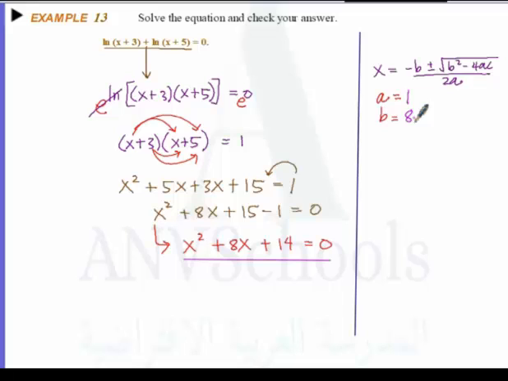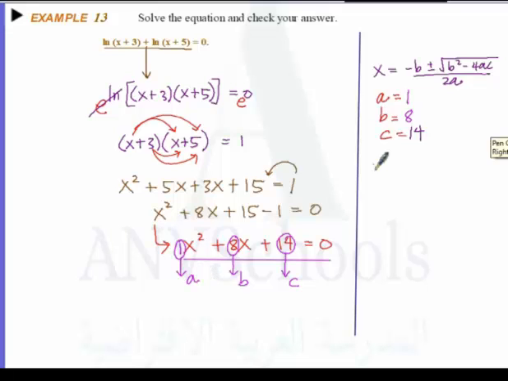And my c is 14. This is my a, this is my b, this is my c. And now I'm going to solve for my x.